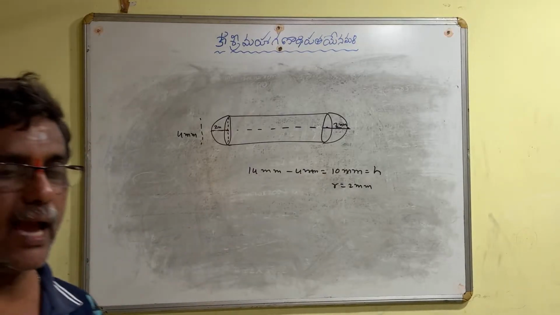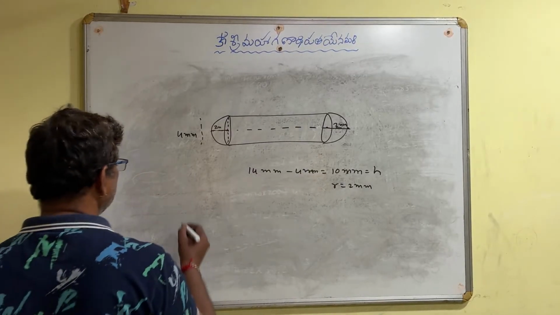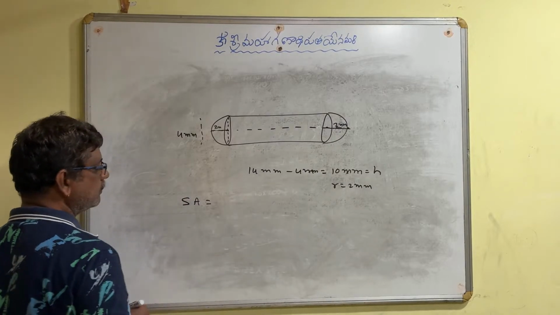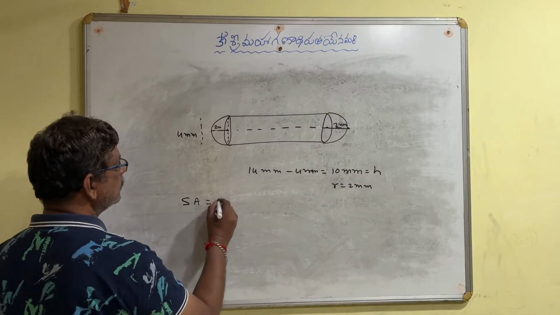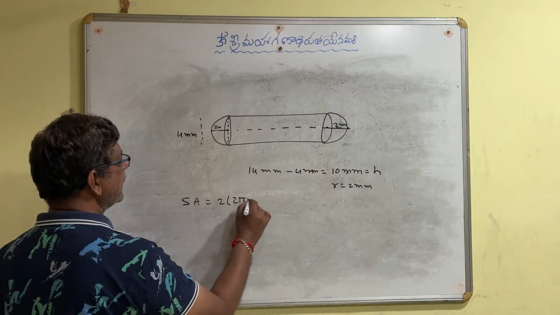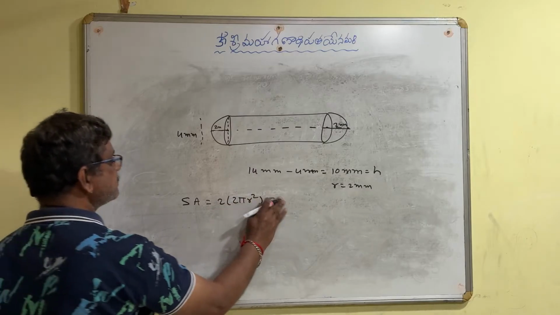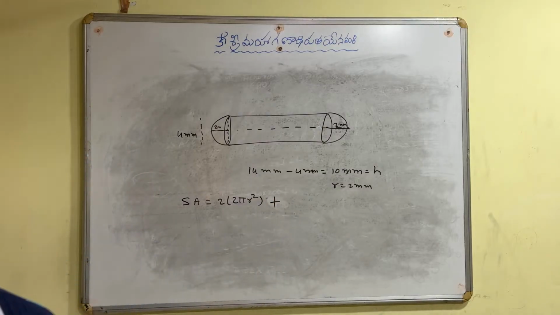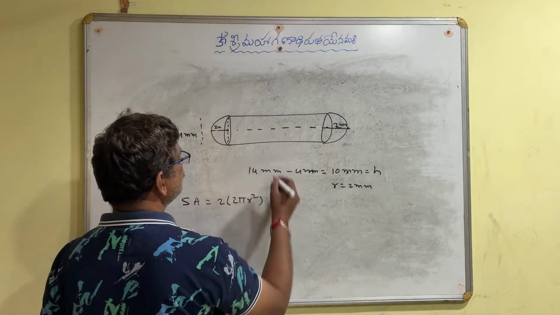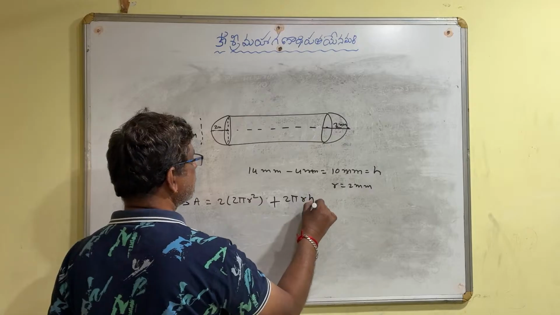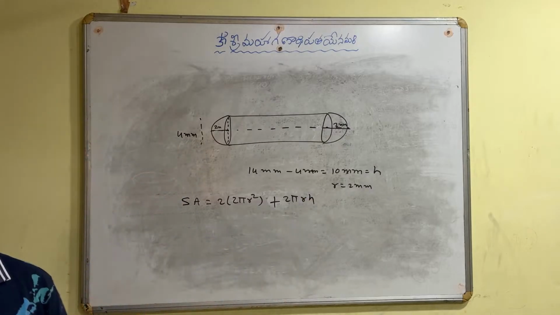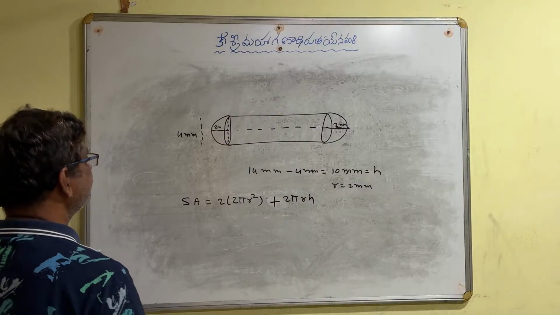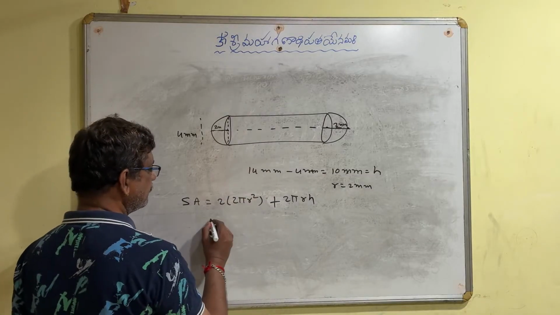Now, surface area of the capsule. Surface area of the capsule is the curved surface area of 2 hemispheres plus the curved surface area of the cylinder.